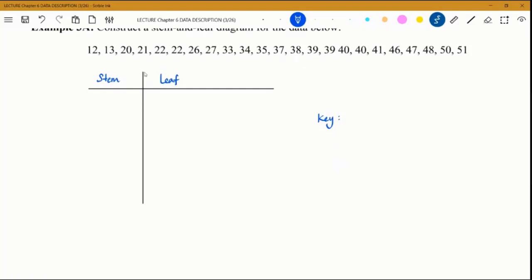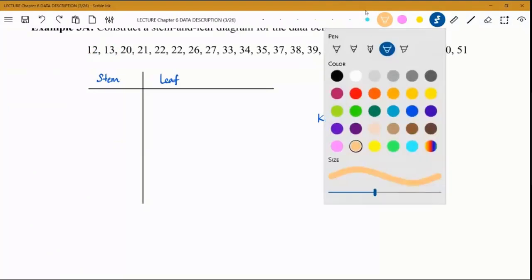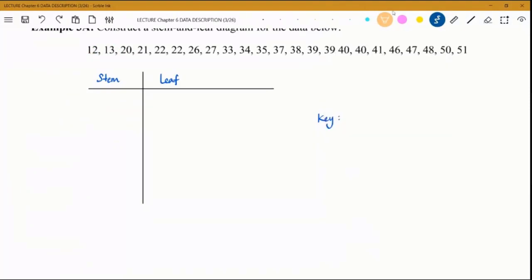digits. Okay, so the first digit here, we will put on the stem column. Okay, kita kecilkan sikit. So for the first digit, we will put on the stem, and then the second digit, we will put on the leaf column.